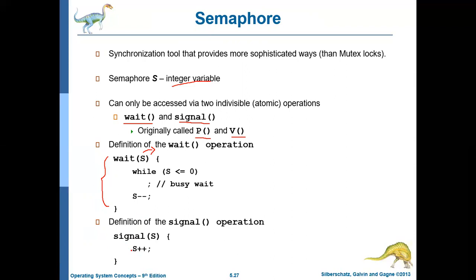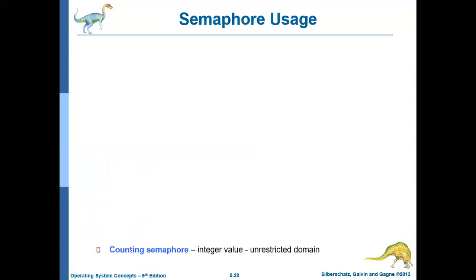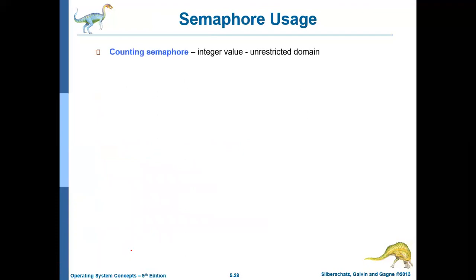But before that, I would like to say one thing. There are two types of semaphores we have. One is called counting semaphore. As we already discussed, semaphore will take some integer value. The counting semaphore can take an integer value of unrestricted domain. There is no restriction on that. It can take integer values from 0 to any number, depending on the number of instances of a particular resource available.